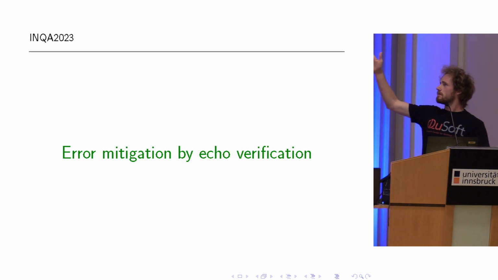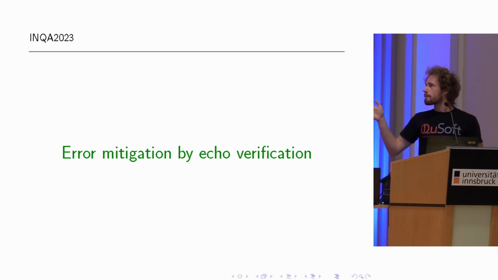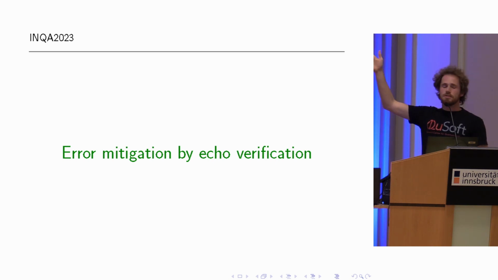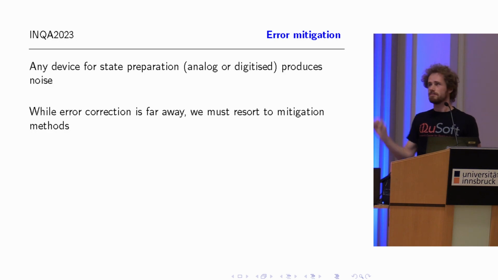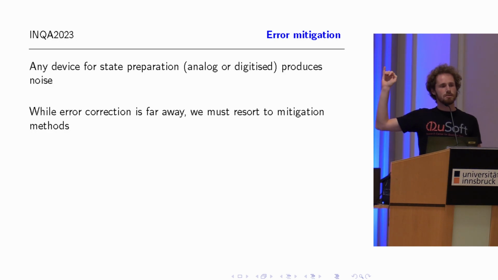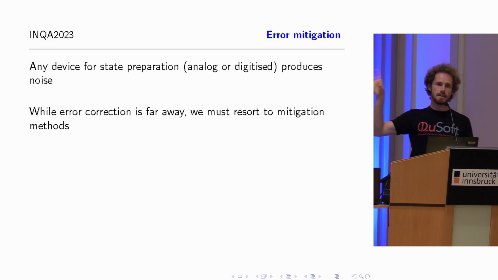So the idea is to implement the circuit here. It's pretty similar to a Hadamard test circuit, except we include some noise as well, and crucially there's a measurement on the system register at the end. So not just on the auxiliary qubit, but also on the system register. This measurement is what we call a verification measurement, and what it does is project onto the initial state.